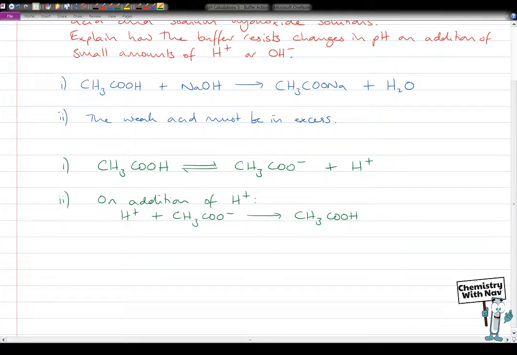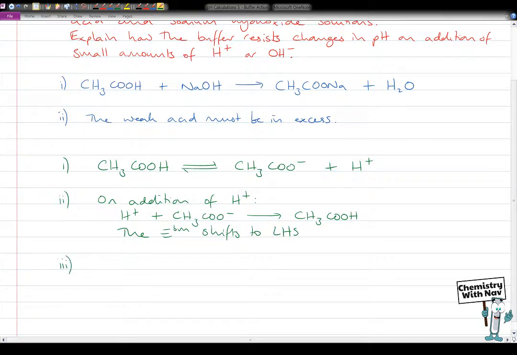But basically what that's suggesting of the equilibrium in part 1 is that the equilibrium shifts left. So that's what we write: the equilibrium shifts to the left-hand side. And what that does is that basically ties up any of the excess H+ or the additional H+ that was put into the system, and therefore it doesn't affect the pH.